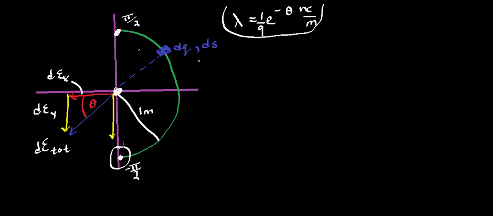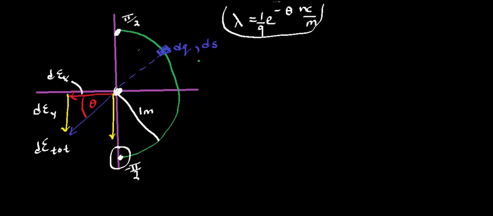We're going to have to do two separate calculations, one for the total electric field in the x direction and one for the electric field in the y direction. Once we get those magnitudes, we'll use the Pythagorean theorem to figure out the direction and magnitude of the net electric field.